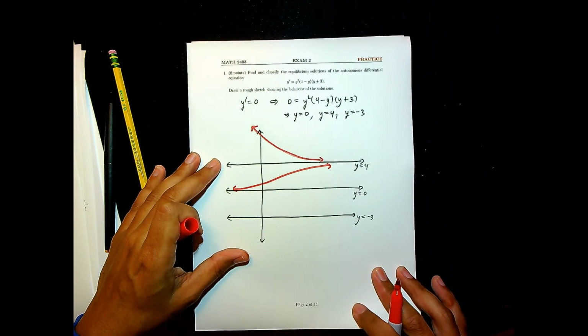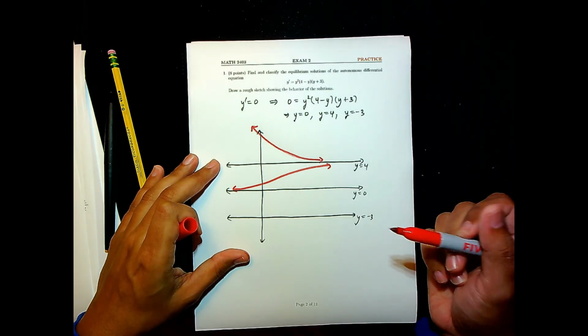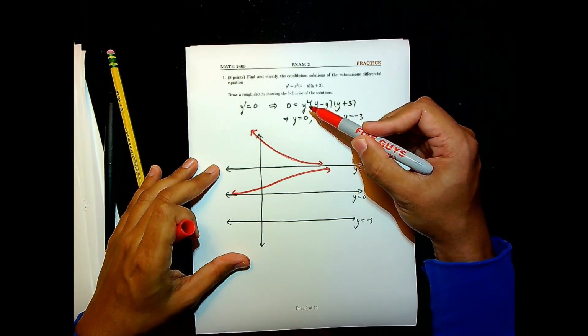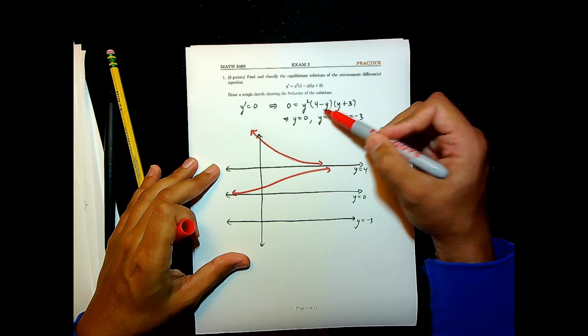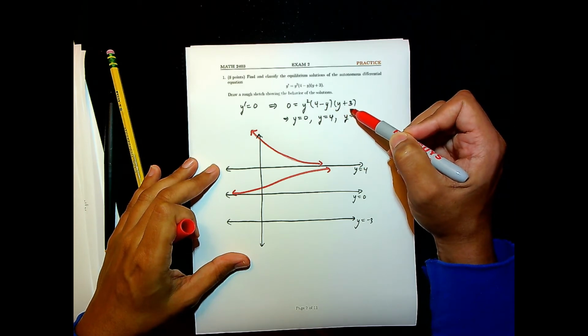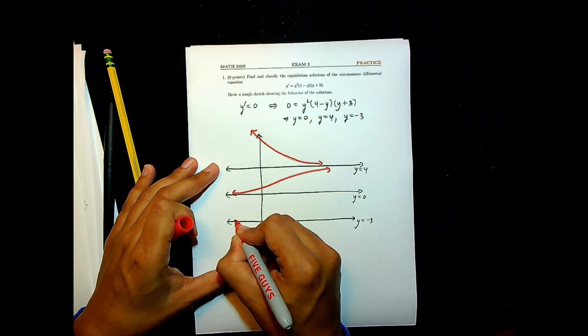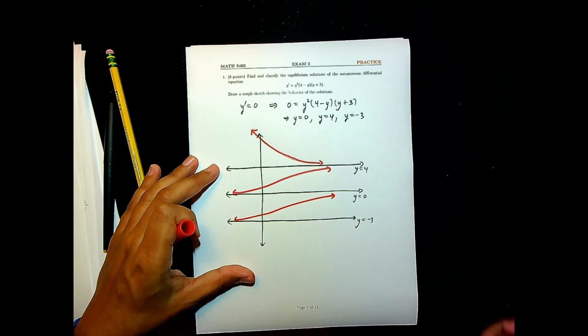Now, if you plug in a number between negative 3 and 0, such as negative 1, negative 1 squared is going to be positive. 4 minus negative 1 is going to be positive 5, and then negative 1 plus 3 is positive 2. So positive, positive, positive. Solutions in this area are going to be increasing because they're going to have positive slope.